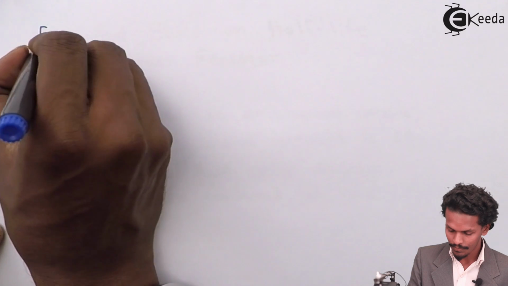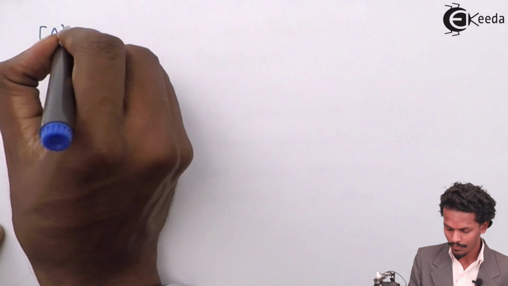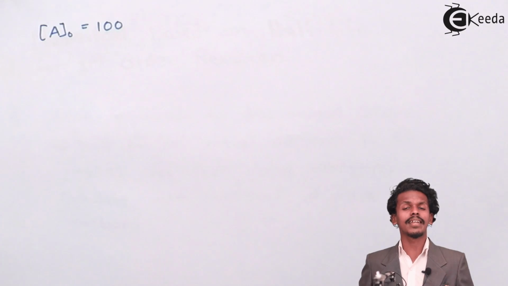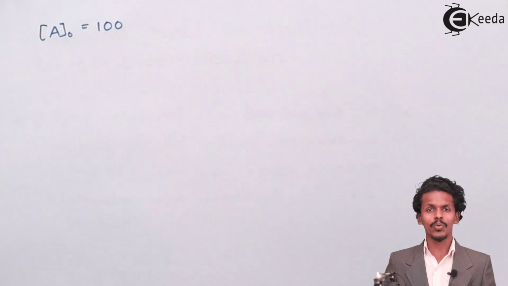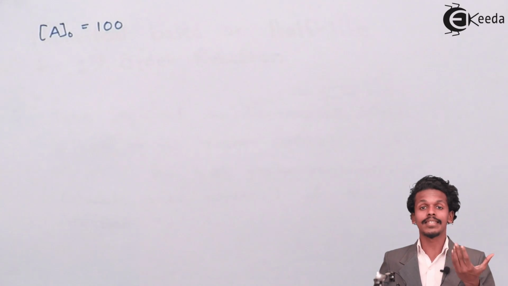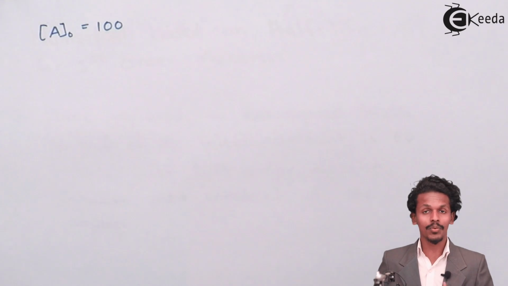If 25% of the reactant has been reacted, obviously the initial concentration would be 100%. So on that basis, I am denoting the A0 as 100. I would not write it in percentage, because I could take it as 100 gram, or I could take it as 100 moles per dm cube.